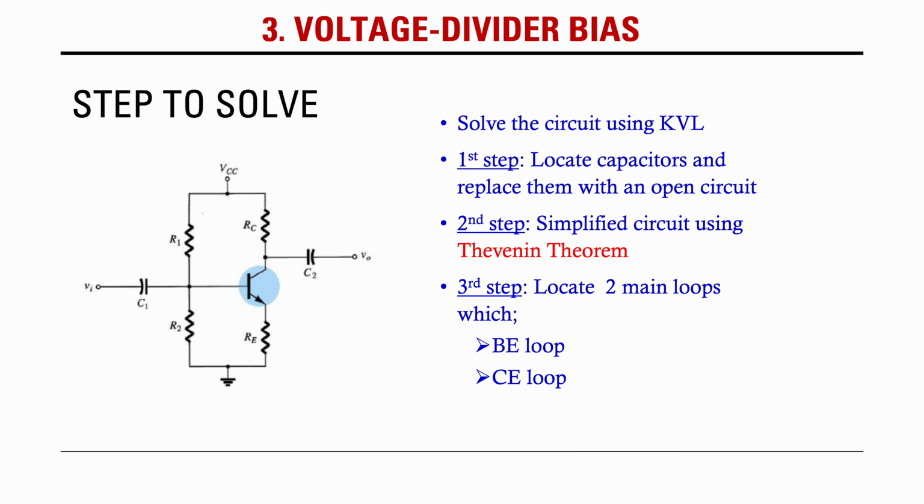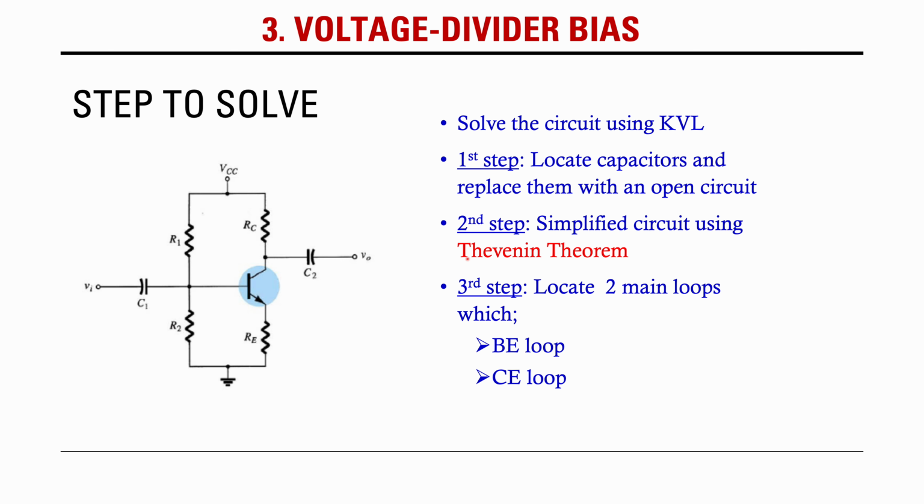Now let's look at the simplest step-by-step way to solve this. First of all, when you see the capacitor, same as previously, we need to remove them as an open circuit. Second, we need to simplify R1 and R2 by doing a Thevenin theorem. You cannot solve this with R1 and R2 as they are.